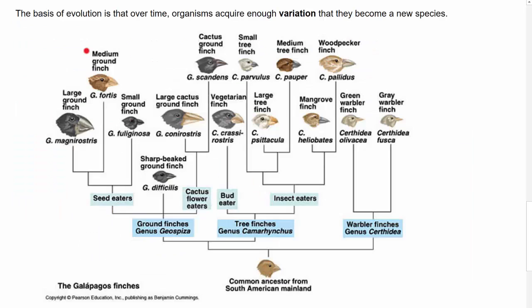So the basis of evolution is that over time, organisms acquire enough variation that they become a new species, and that's shown quite nicely in this evolutionary tree of Darwin's finches, where you start with a common finch ancestor from the South American mainland that has then branched off into 14 different species of finches which have acquired enough genetic variation from the original ancestor to become a new species.